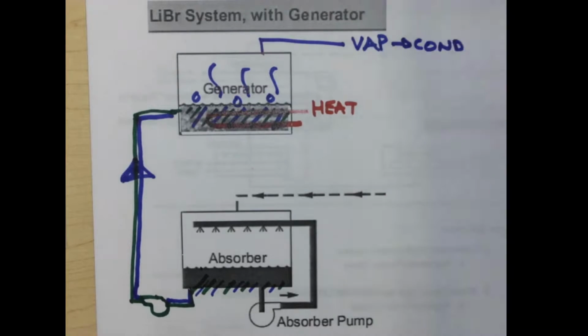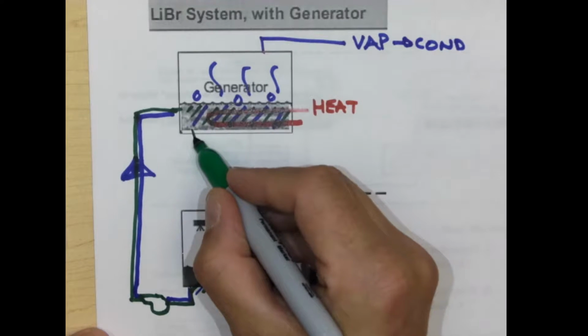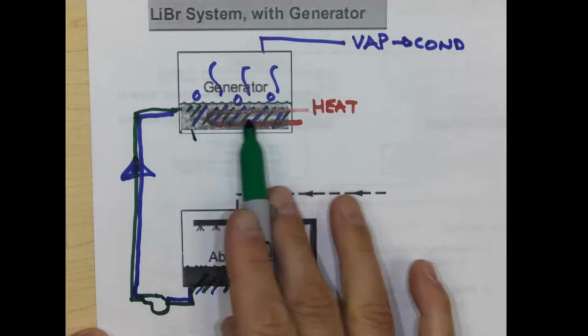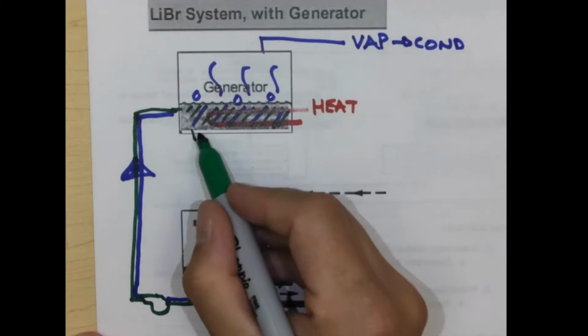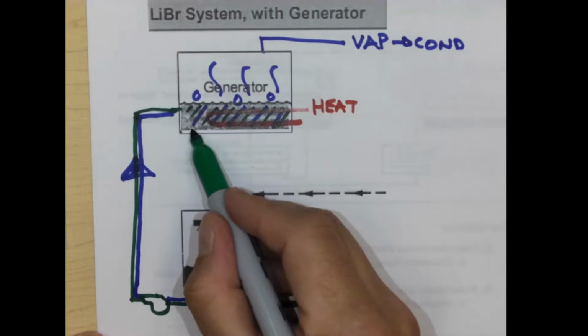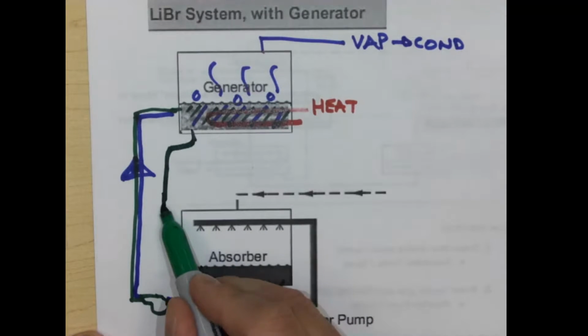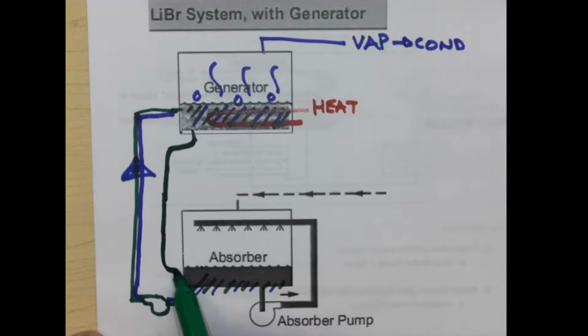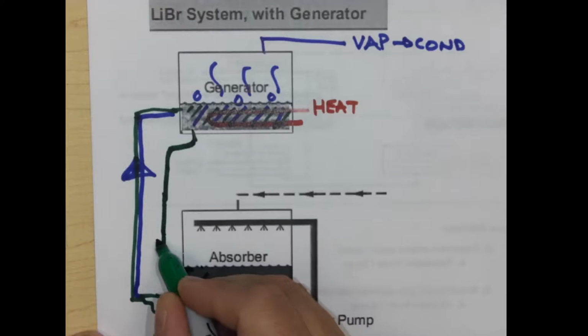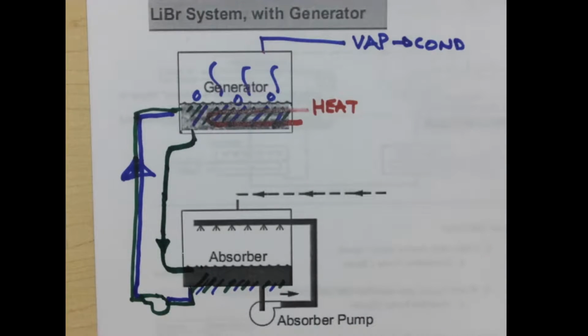What's left is a little bit of fluid that doesn't have as much water left in it, and we want to return it back to our absorber. So we've got another pathway that comes down, and it's going to end up feeding back into the absorber.